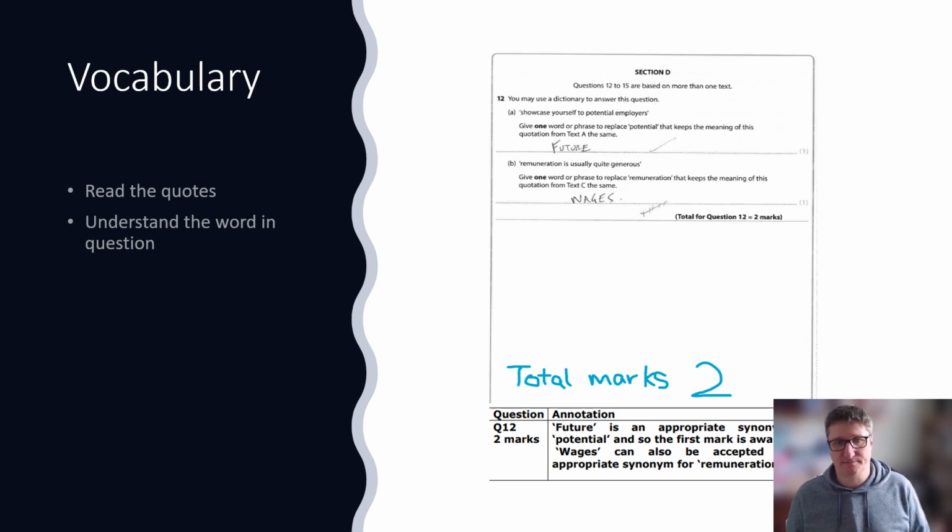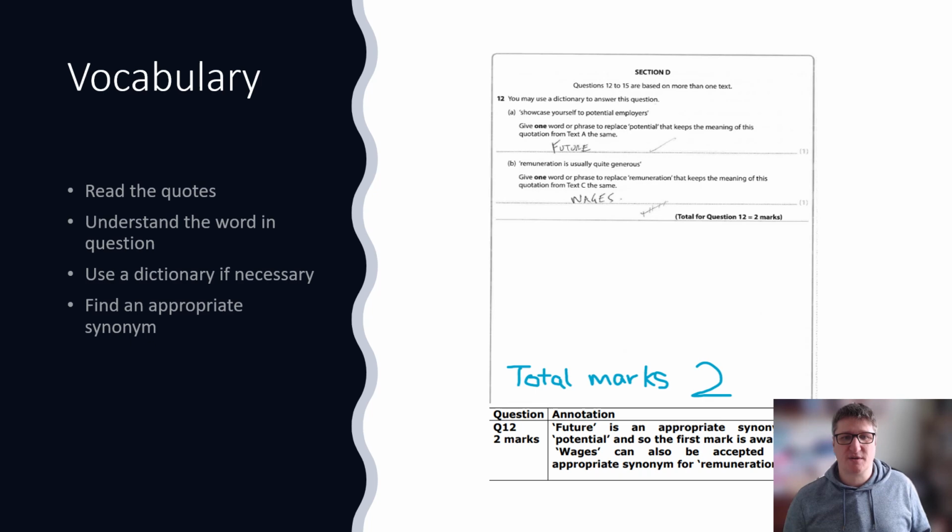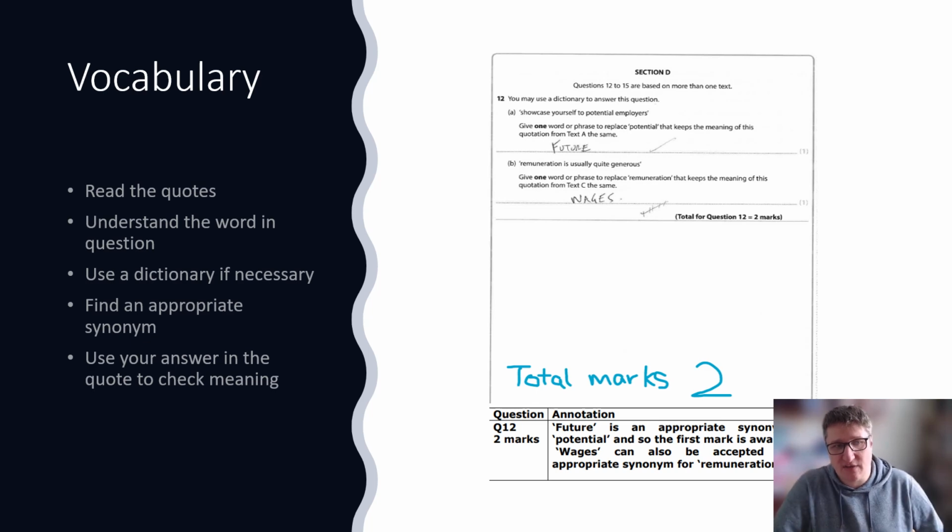Any of these are possible. It's about money. So you use one of those words, put it in. You can use a dictionary to check, find an appropriate synonym and put it in, and use your answer in the quote to check meaning.